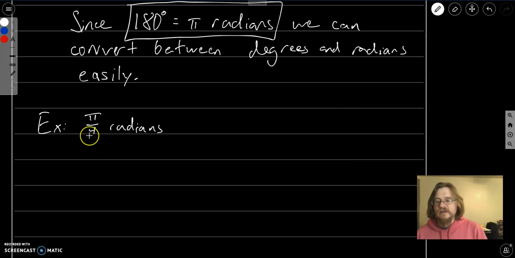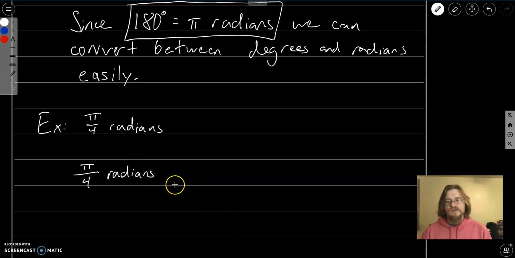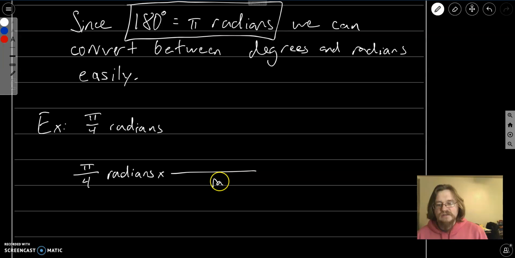So let's look at pi divided by 4 radians. Normally when I'm doing unit conversion, here is the general strategy. I want my radians to cancel, so I want radians on the bottom of the fraction, and I want whatever units I want on the top, so it's going to be degrees. And then the question is, how many radians, when are radians and degrees equal?